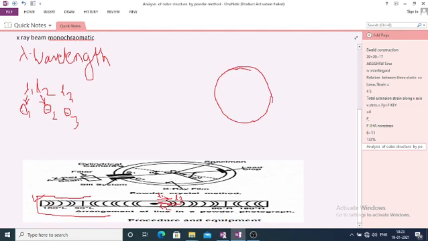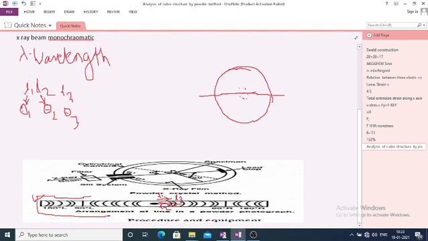Suppose this is the incident X-ray, and this is your specimen.